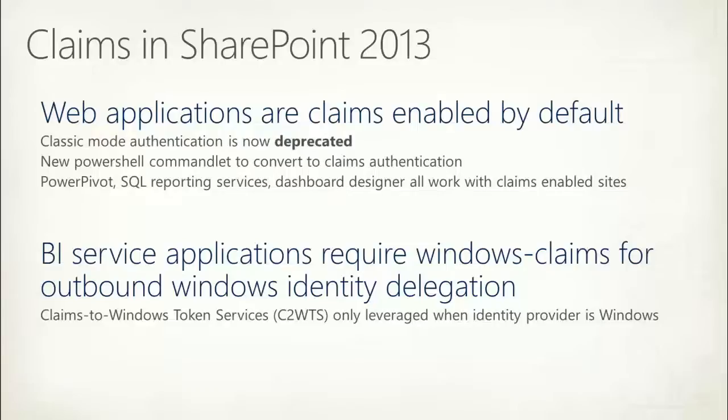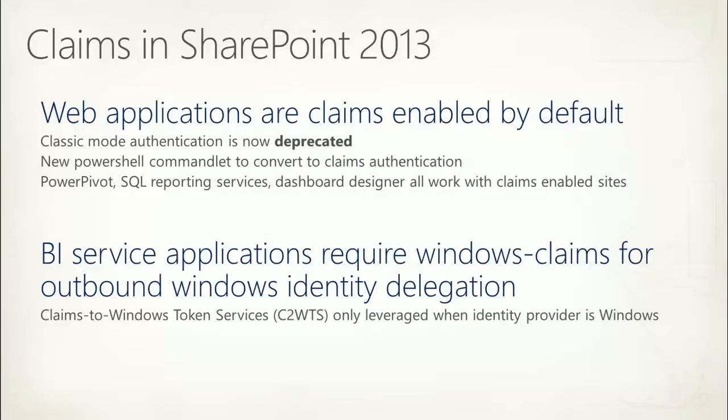Now, BI service applications require Windows Claims for outbound Windows identity delegation. So what does that mean? If you're leveraging one of our BI tools, let's say Reporting Services or Excel Services as an example, and you want to delegate the user's identity outbound to SQL Server, you're going to have to use Windows Claims as the incoming authentication provider into the farm.